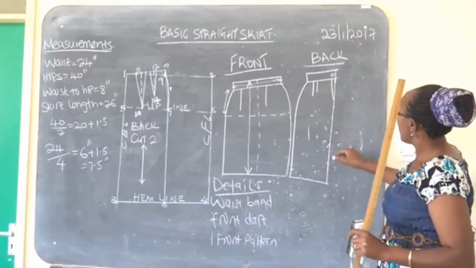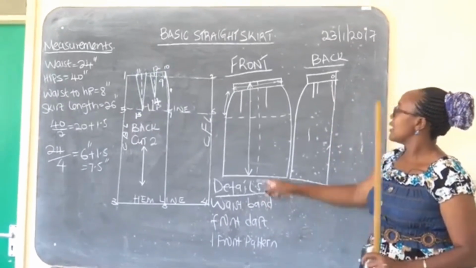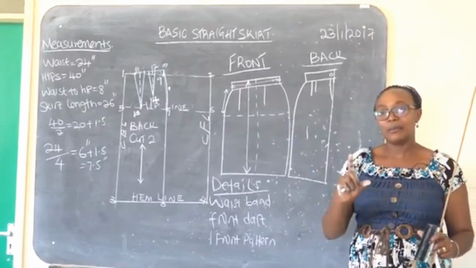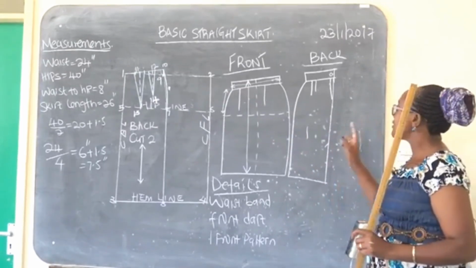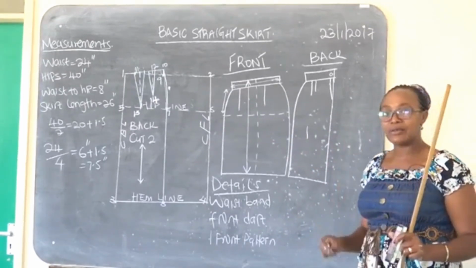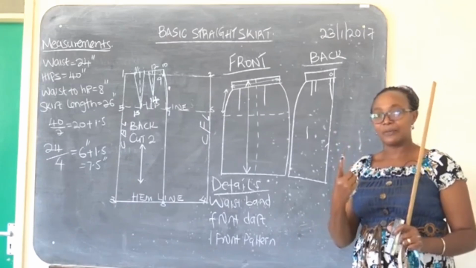From there, you need to understand that our skirt has a zip at the back. And for this zip, we need to give an allowance of 1 inch stitching allowance.